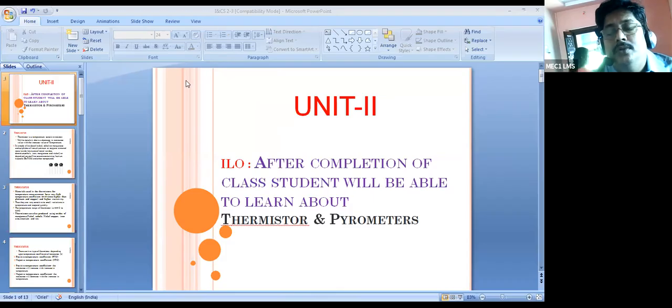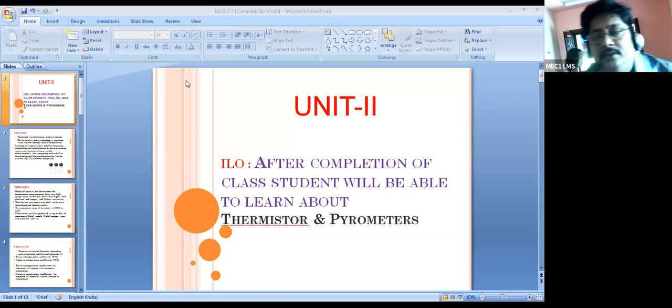Thermocouple means two dissimilar materials joined together, and the two junctions maintained at two different temperatures. One is a cold junction, another one is a hot junction, at temperatures T1 and T2, thereby the EMF is produced. Right? That effect is actually called the Peltier effect.